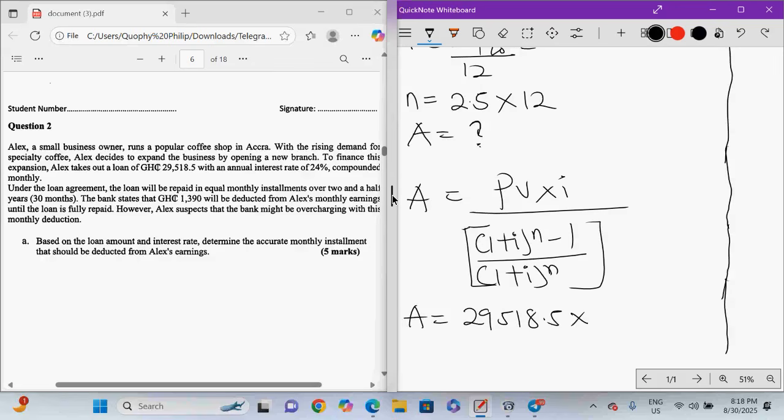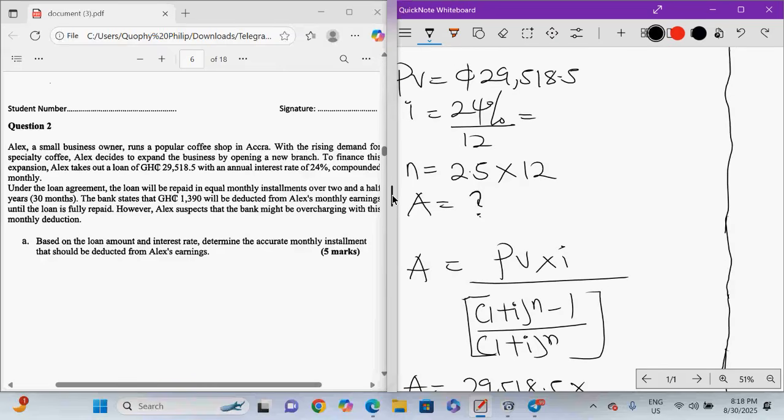29,518.5 times the interest rate. What did you get for the interest? 0.02. And this one? 300.